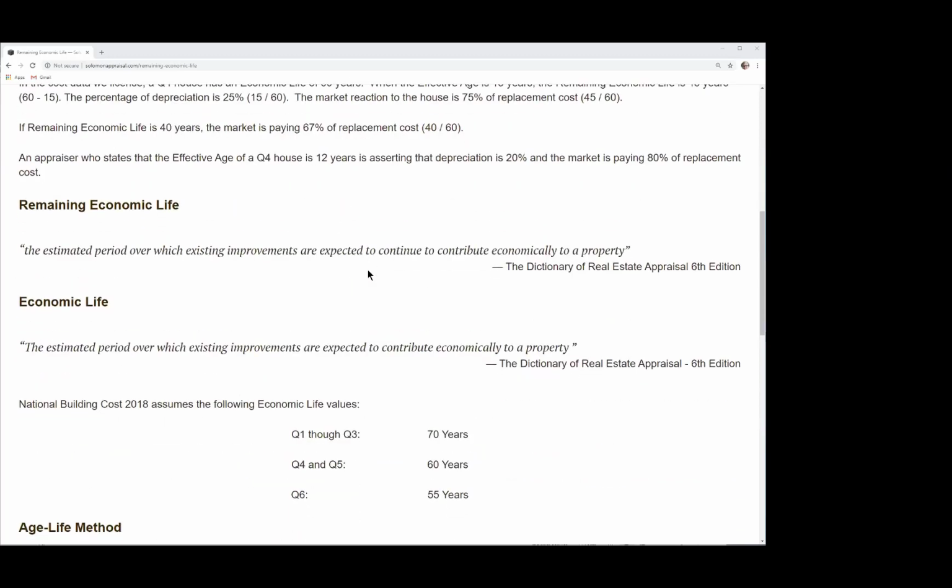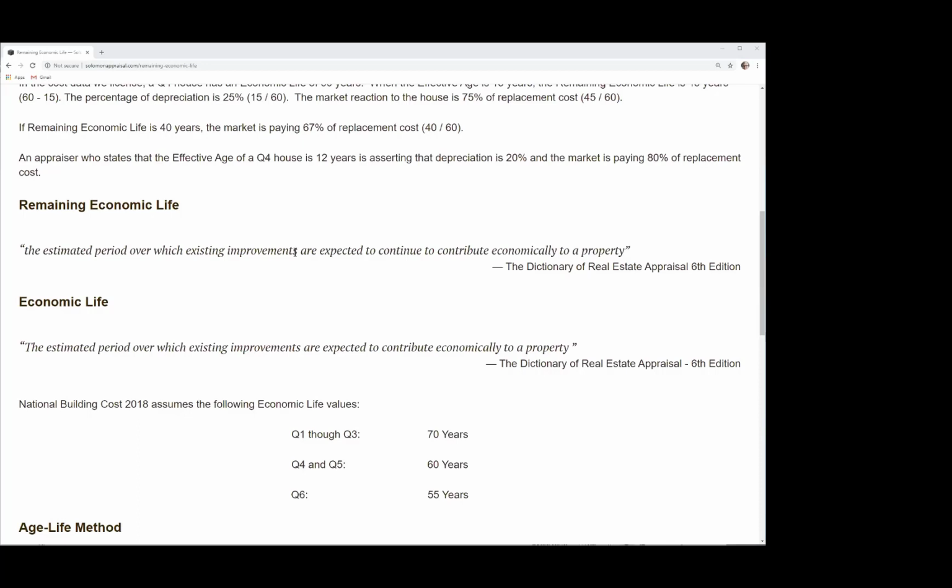Some more definitions. Remaining economic life is the estimated period over which existing improvements are expected to continue to contribute economically to property. So it's different than remaining physical life. A small house with 2 bedrooms and 1 bath and 1 garage stall on a large lot might be in perfect condition.